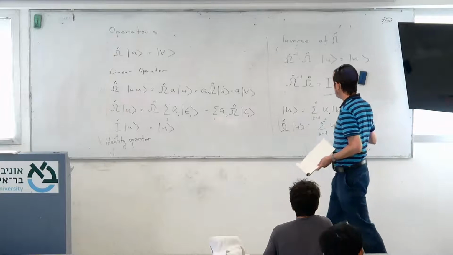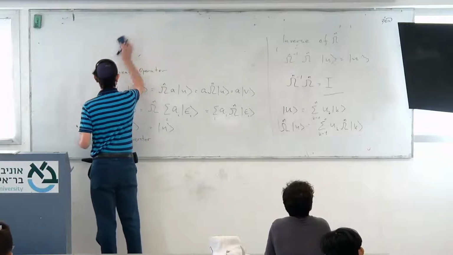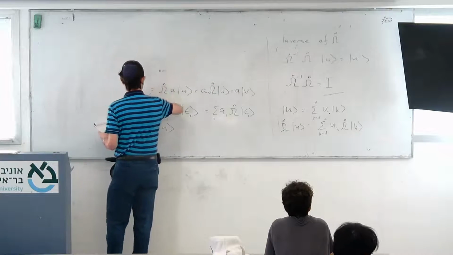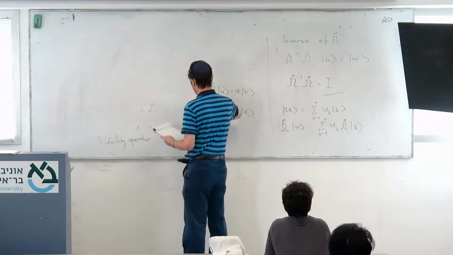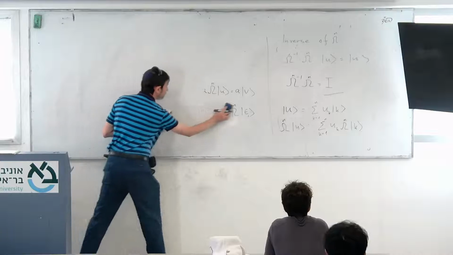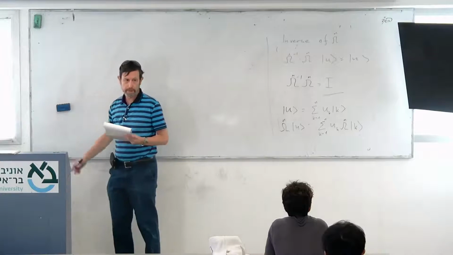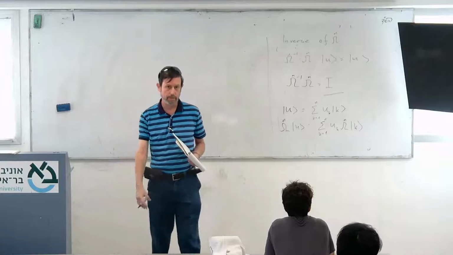Okay, what else do I know? I should know something about what omega does to the basis vectors.